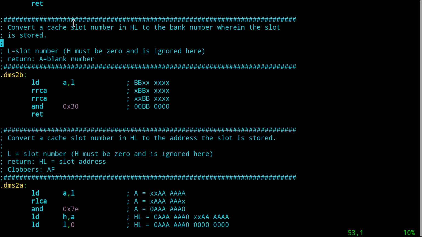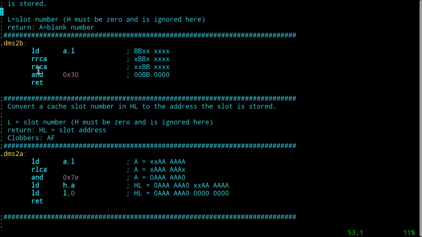So while I formally suggest that HL holds the slot number, when there's only 256 slots, H must be 0. So I'm only going to mess with L and don't care about the rest. I'm going to shift it 2 bits to the right, and these are the patterns we looked at last time. And what we get is the block number is sitting way over here on the left, followed by some stuff we don't care about in this context.